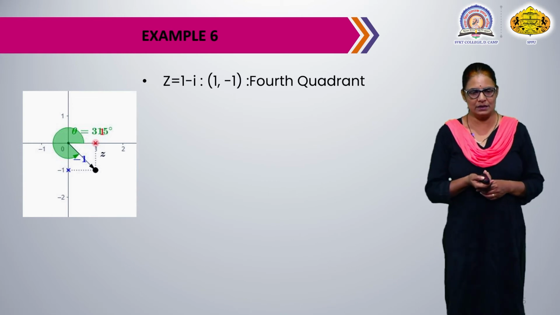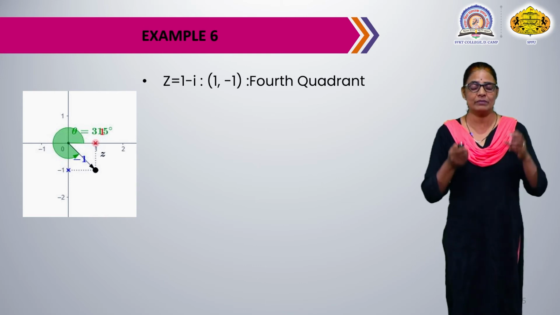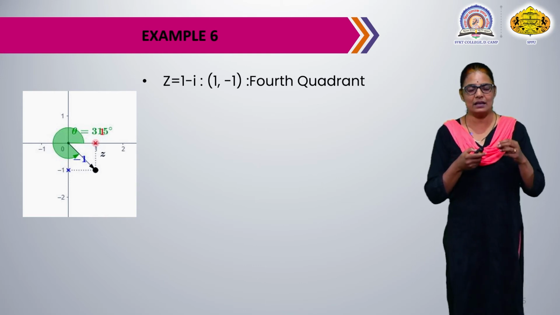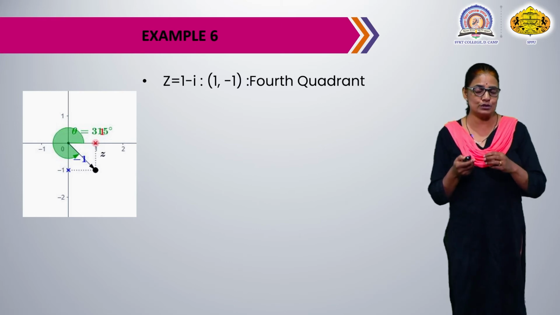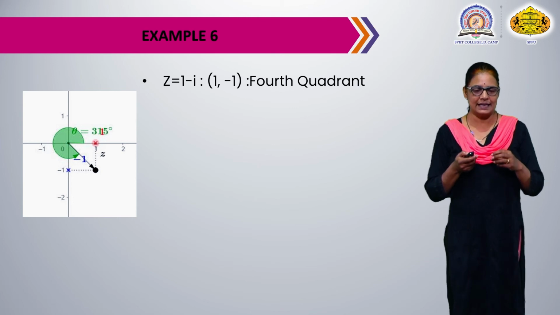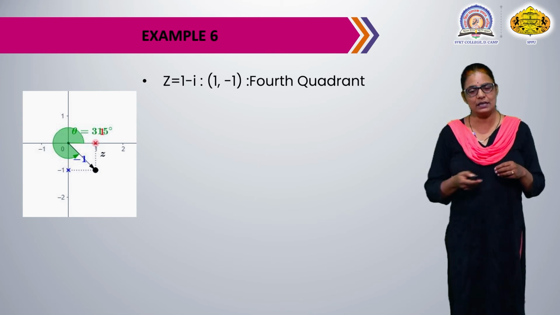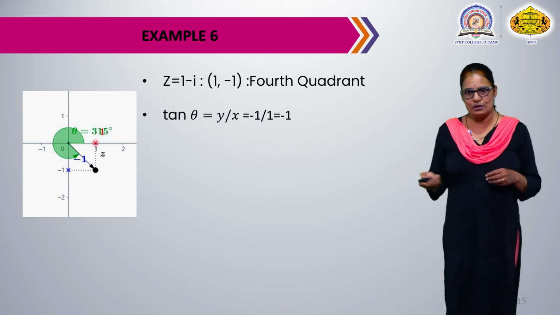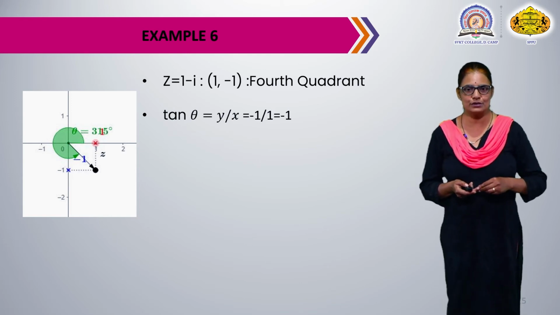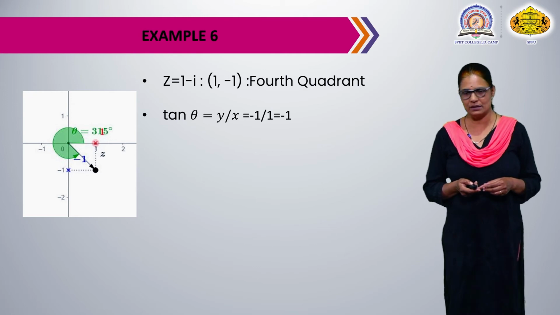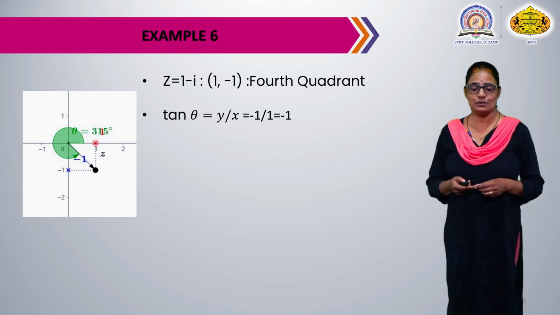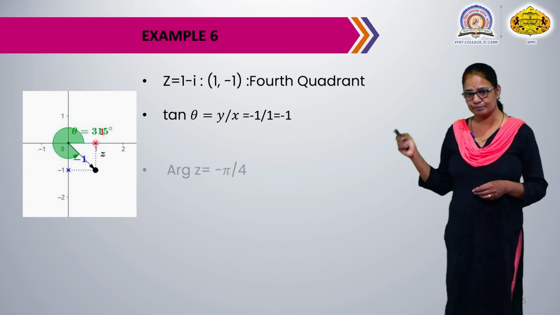To find the principal argument, we find the angle between the radius vector and the positive real axis in the clockwise direction. So first I have to find tan theta. Put y equals minus 1, x equals 1. So we get minus 1 upon 1, which is minus 1. So theta is minus pi by 4.